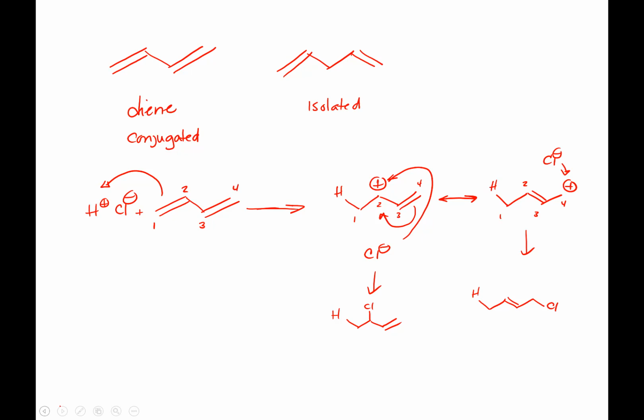And we could have predicted what I'm going to call the 1,2 product. We could not have predicted the 1,4 product unless we went through the problem that we spent the majority of time going through, where we have to write the resonance structure.